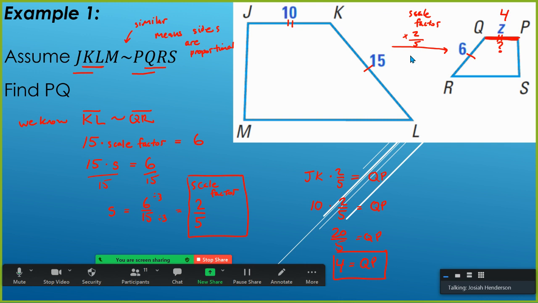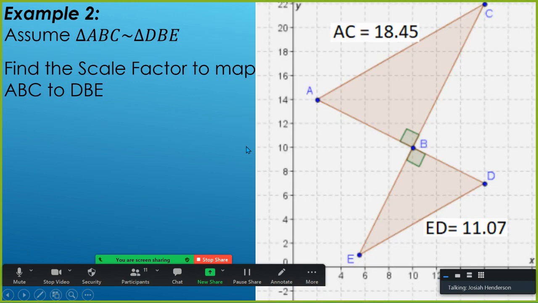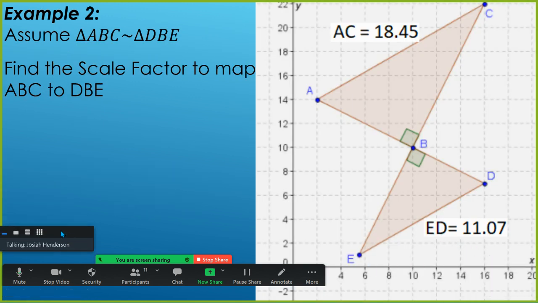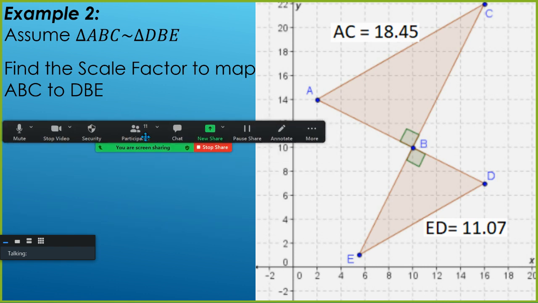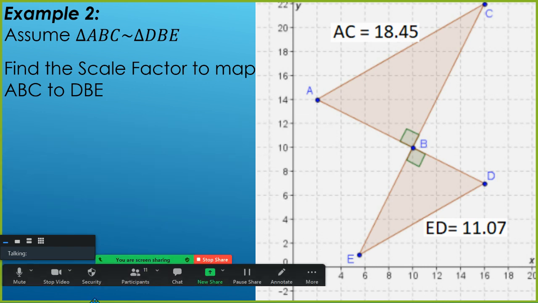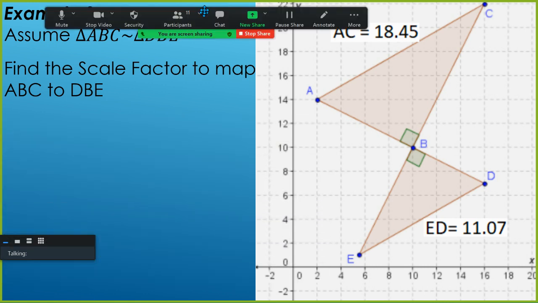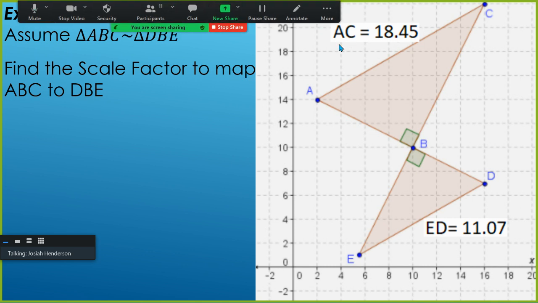Let's look at another question. And this again is just looking for a scale factor. So same kind of question as last time. This time though, the two figures are on a graph already. Okay, so it says assume triangle ABC is similar to triangle DBE.